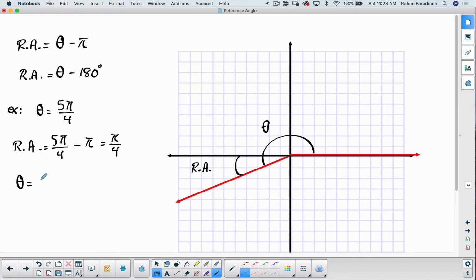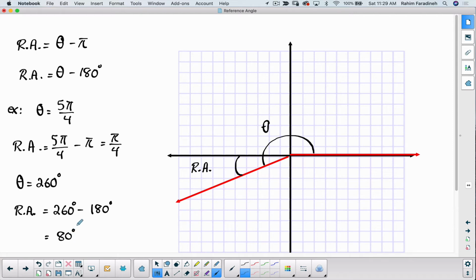If theta is equal to, let's say, 260 degrees, still in the third quadrant, the reference angle will be 260 degrees minus 180 degrees, and this will be equal to 80 degrees.